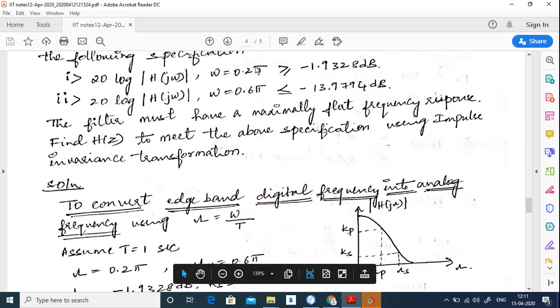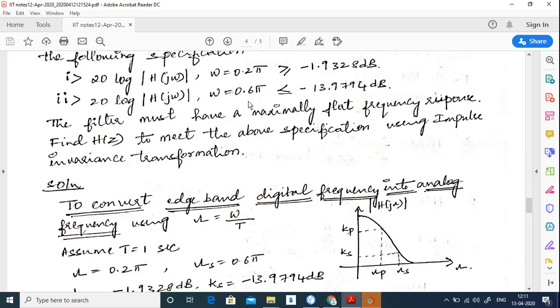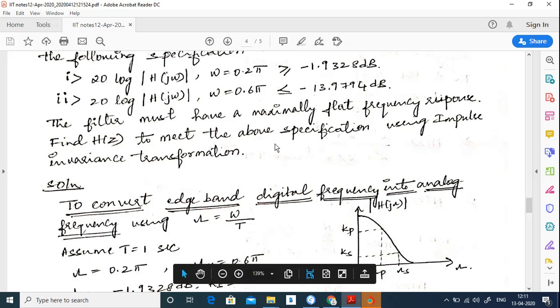By looking into this, we can clearly say that this will be omega p and this will be omega s, because this value is more, right? So this is low pass filter representation. In the problem also they have given us low pass filter representation. So obviously this value which is lower will become omega p, other value which is more will become omega s. So omega p is 0.2 pi, omega s is 0.6 pi.